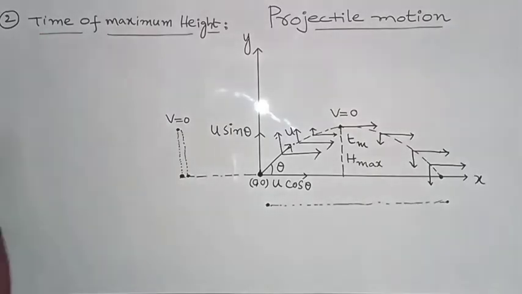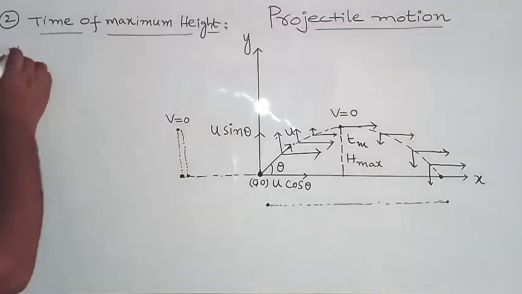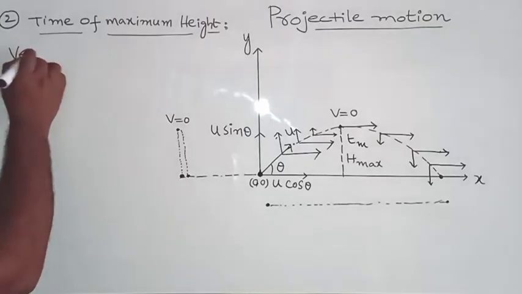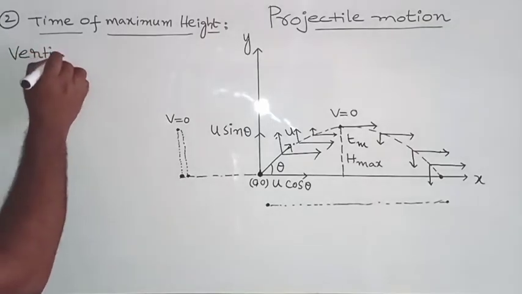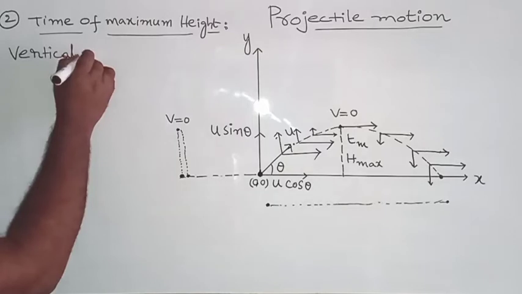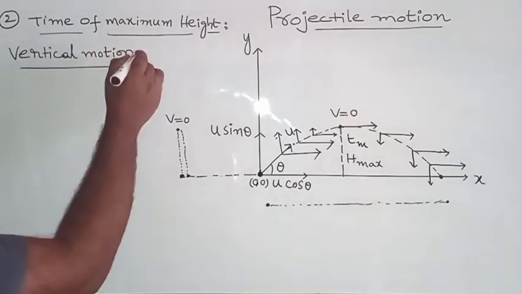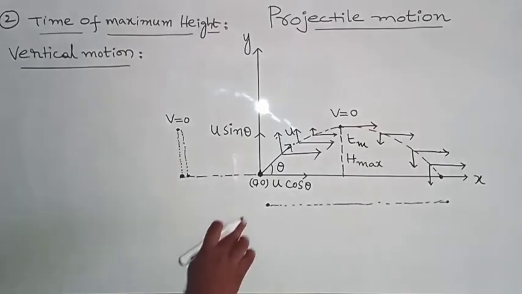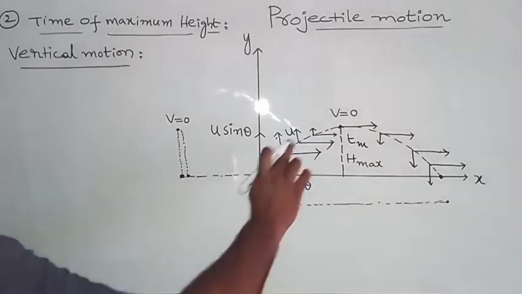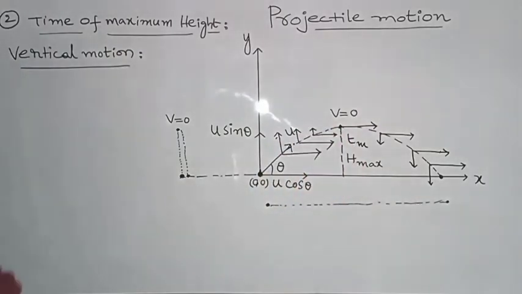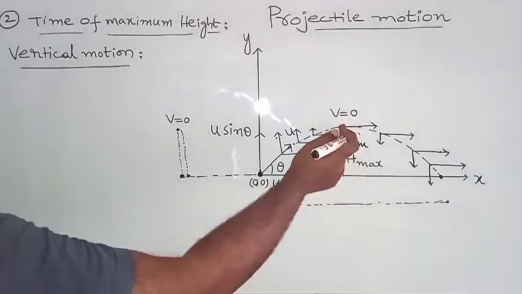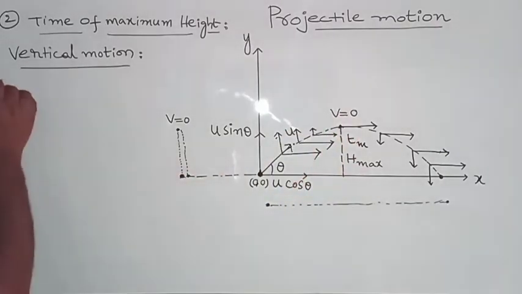Here, for time of maximum height, we have to take vertical velocity or vertical motion. In vertical motion, at maximum height, what is the velocity? At maximum height, velocity becomes 0.